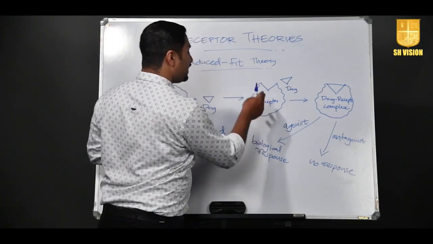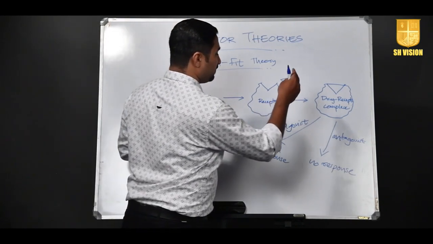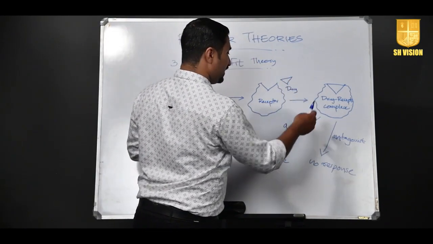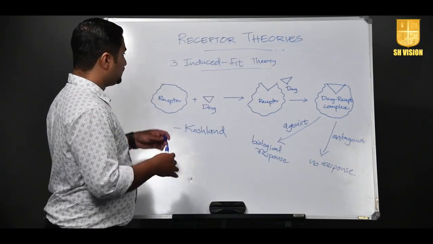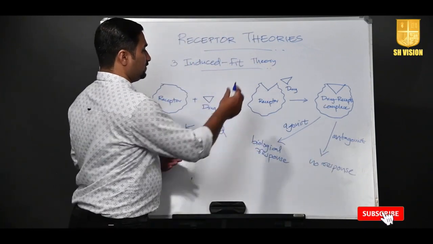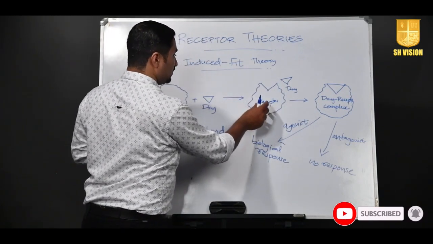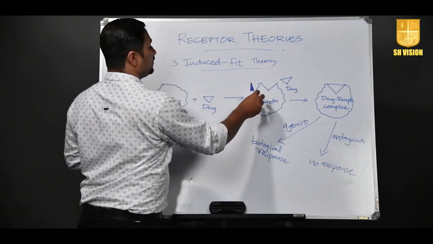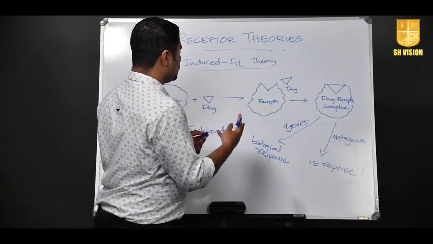If an agonist binds with the receptor, you will get a biological response. If an antagonist binds with the receptor, you will get no response. So this is the induced fit theory: the drug inducing a conformational change on the receptor so that the drug can fit on the receptor.